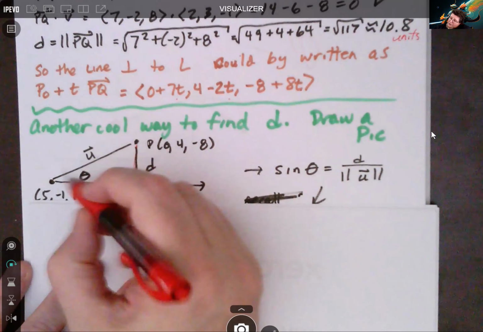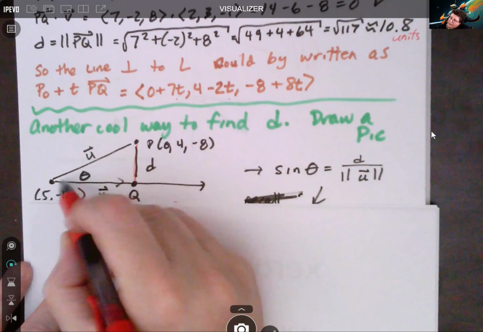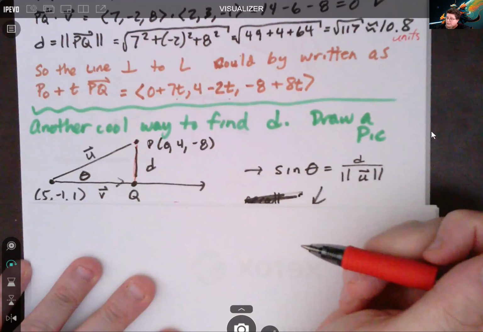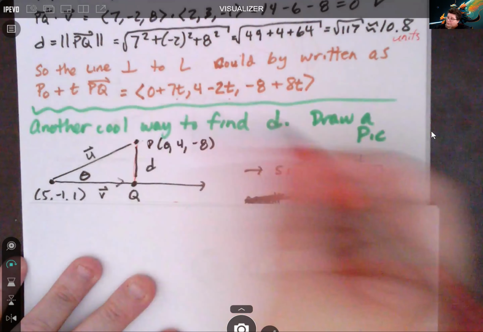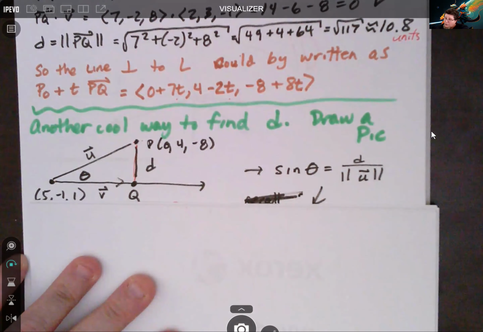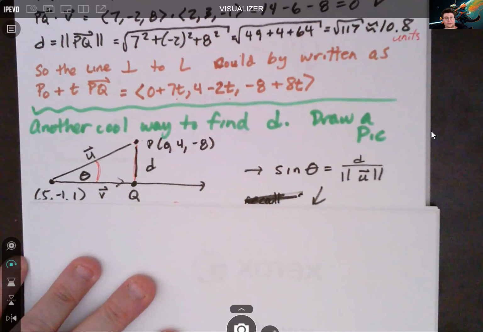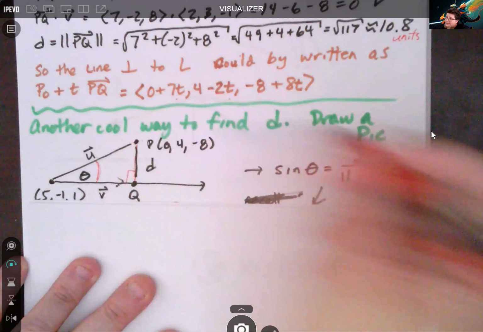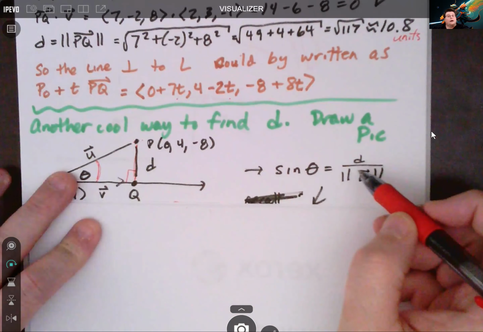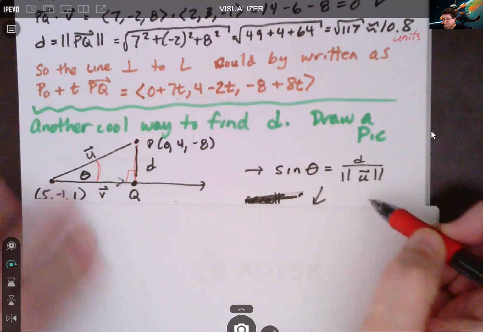I could make a vector from there to P, call that U. So that forms an angle theta. And so sine theta is opposite over hypotenuse. It's D over the magnitude of U.